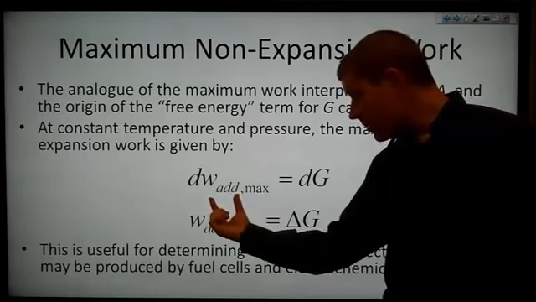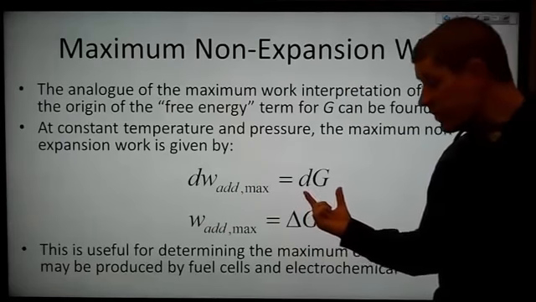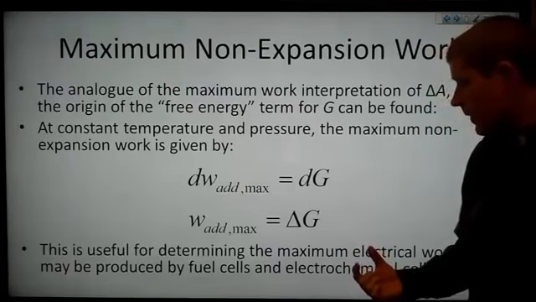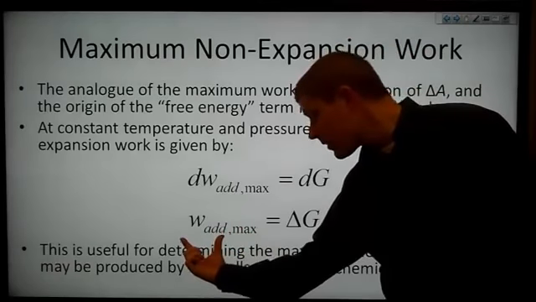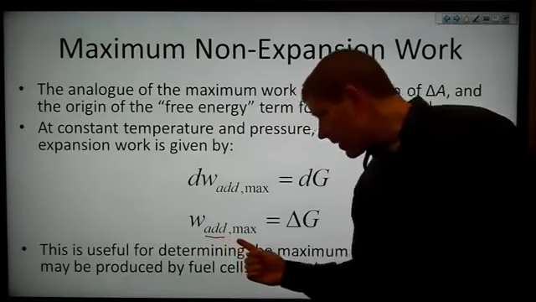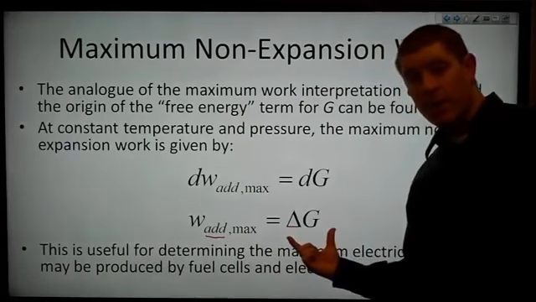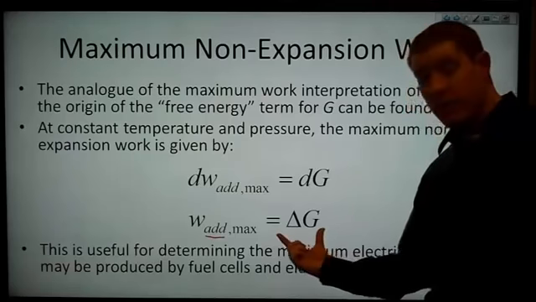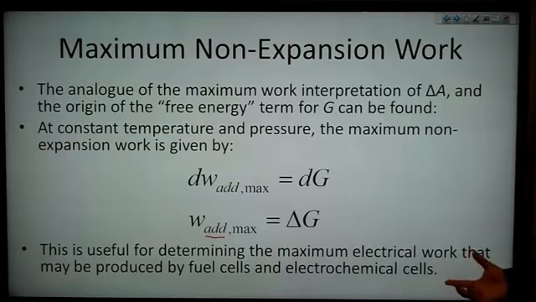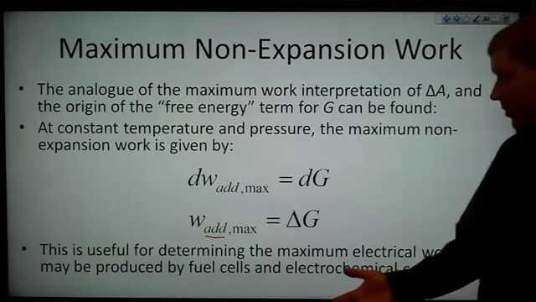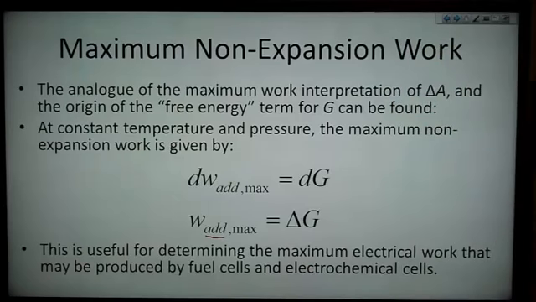Maximum non-expansion work that can be done is equal to the change in Gibbs energy. And for some non-infinitesimally small quantity, the total maximum non-expansion work that can be done is equal to some macroscopic change in Gibbs energy, delta G. Now this is useful for determining the maximum electrical work that can be produced by, say, fuel cells or by electrochemical cells.